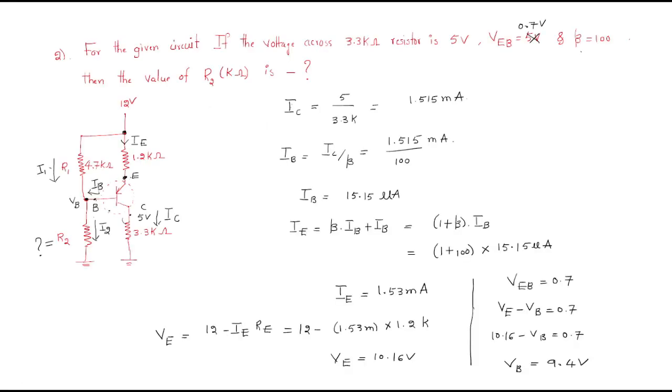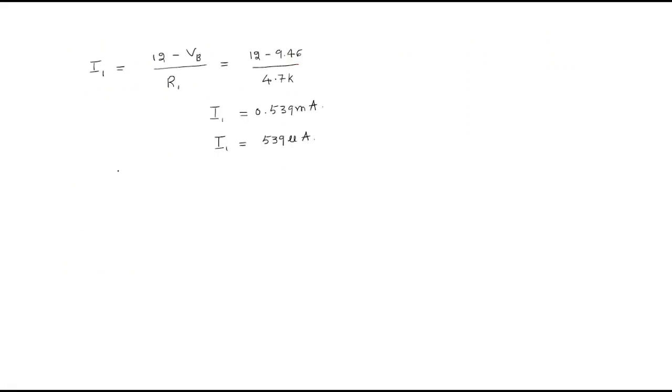So we know the I1 value and the IB value. By adding I1 and IB, we will get I2. Therefore the I2 current will be equal to the combination of I1 plus IB.